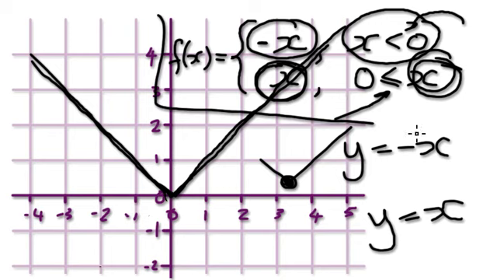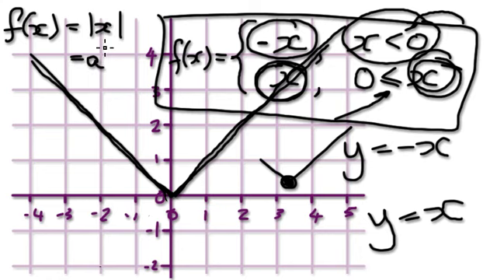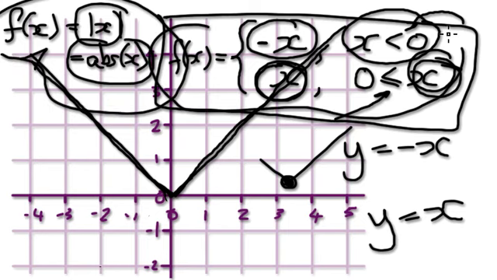So this piecewise function here is exactly the same as f of x equals the absolute value of x. Don't forget this is the same as abs of x. This function is the same as this function, and this whole thing here is the same as this whole thing here.